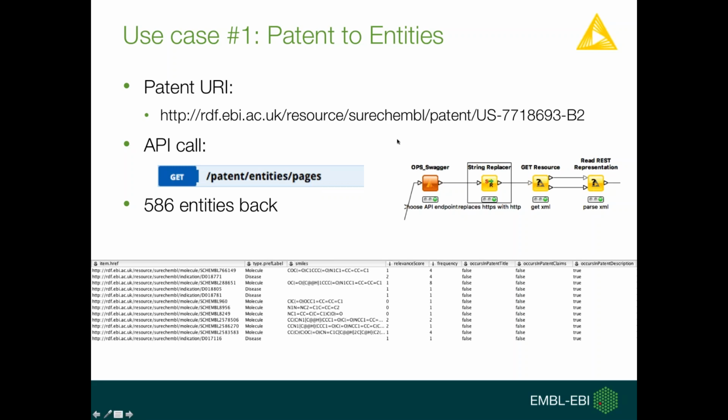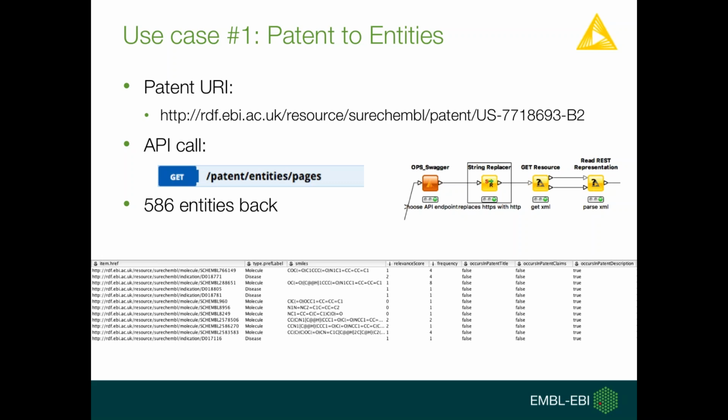And you also get, for each one of them, the relevance score from 0 to 3, as I said, their frequency in this particular patent, and a Boolean which tells you which section in the patent these entities were extracted from.